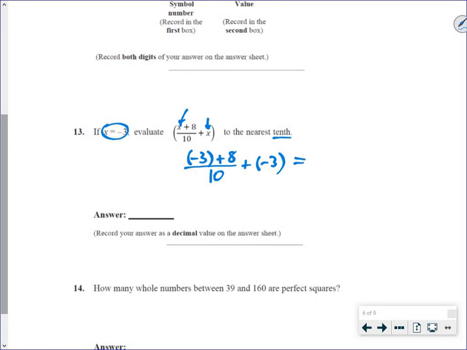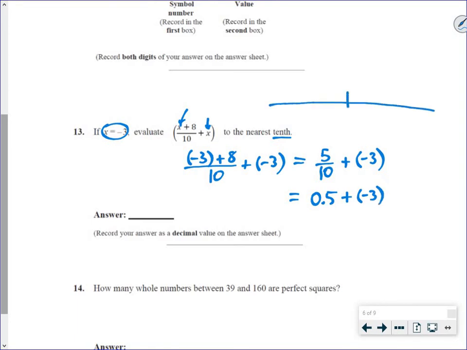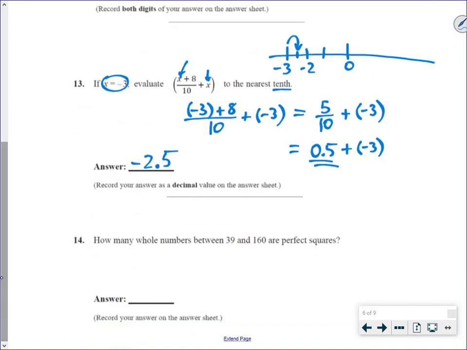Negative 3 plus 8 in that numerator is 5. 5 over 10 plus negative 3. 5 over 10 is the same as 0.5 plus negative 3. So if you're thinking about a number line, 1, 2, 3, we're at negative 3. And if we add 0.5 to that, we get here. So we're at negative 2.5. So that's the answer for number 13.